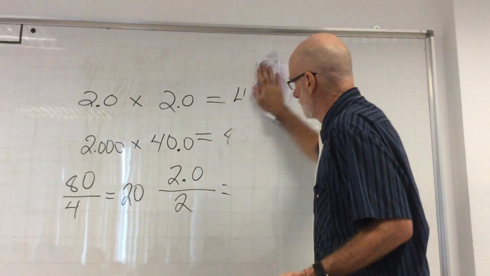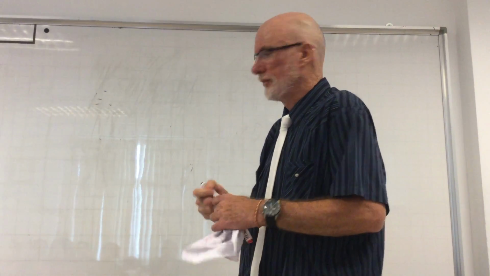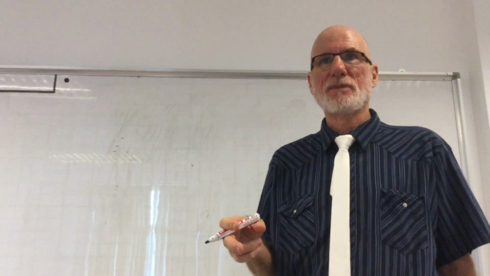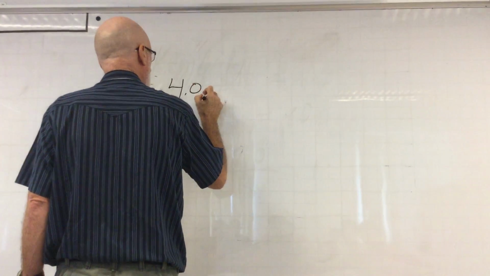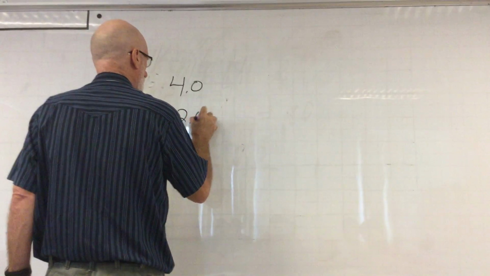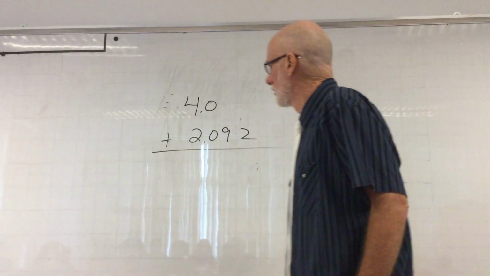One more rule, okay? One more rule and we're done, almost. When adding or subtracting, your answer must have the same number of decimal places as the measurement with the fewest number. Get it? Okay. What's my answer? 6.09.